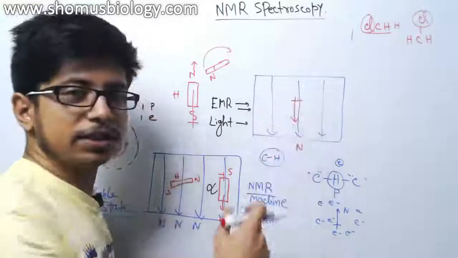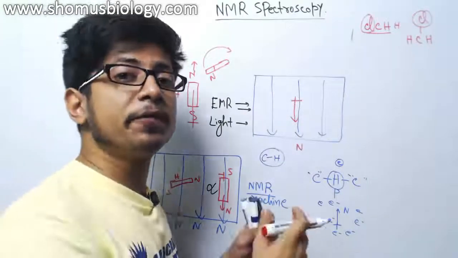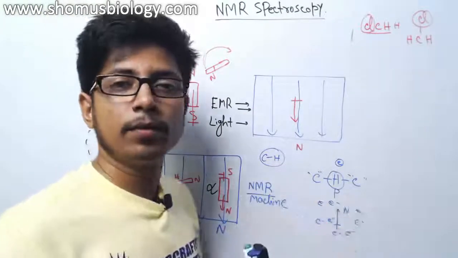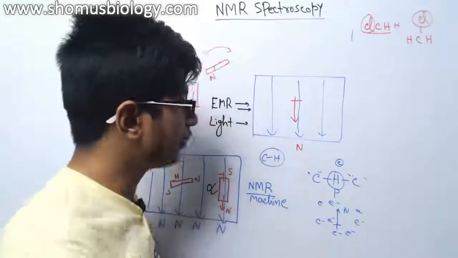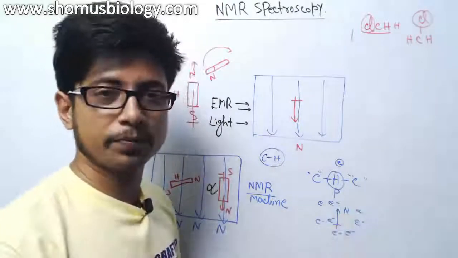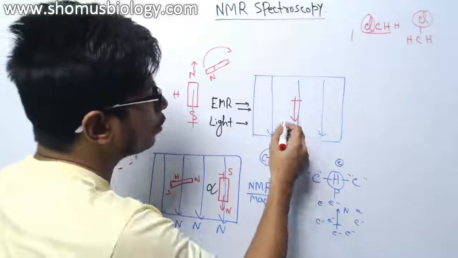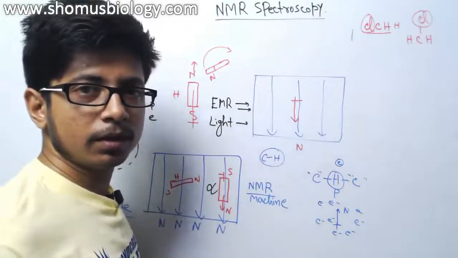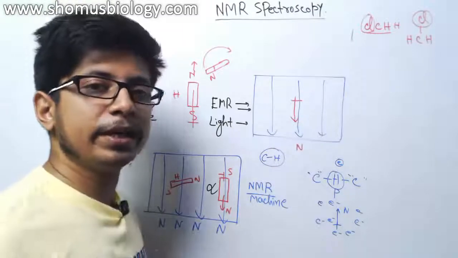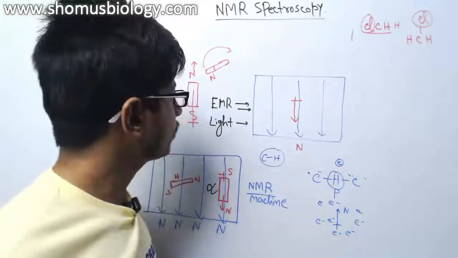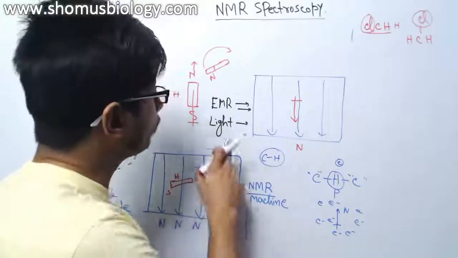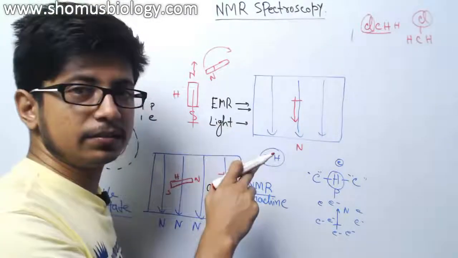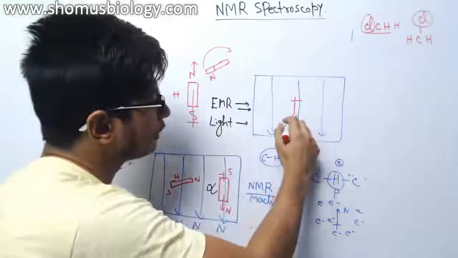This reversing will be different for different types of molecules depending upon the presence of those electrons. If there are no electrons surrounding this hydrogen, the magnetic effect will be very high. So we need more energy to shift it to the beta state.